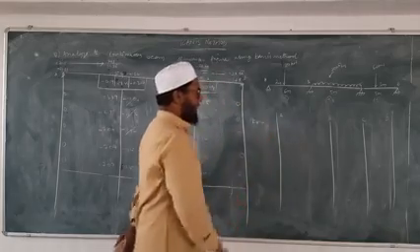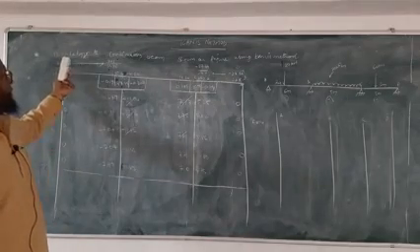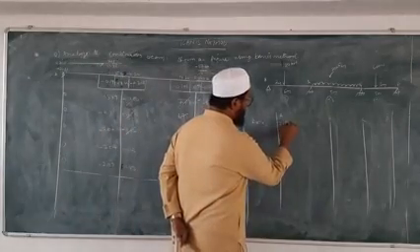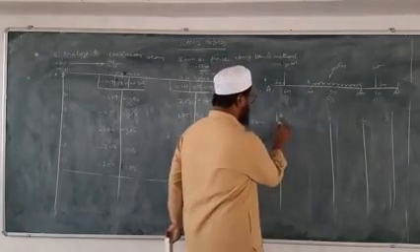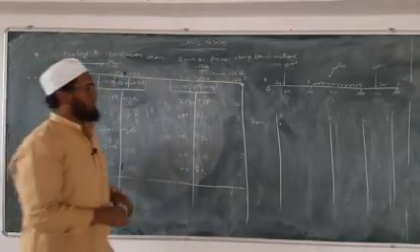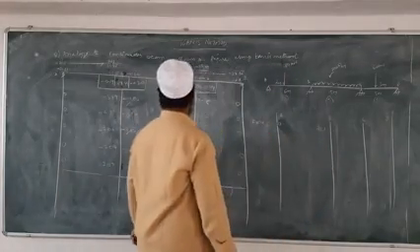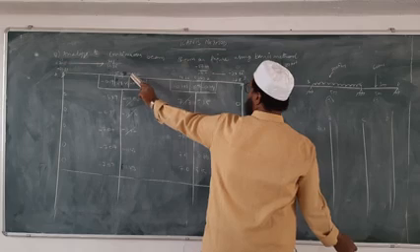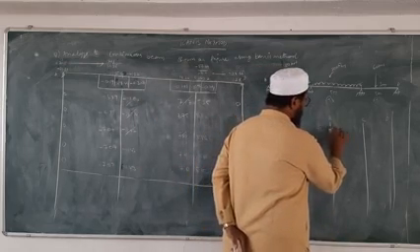At A it is 0. Then BA we got 71.1. Next, BC, minus 41.66.